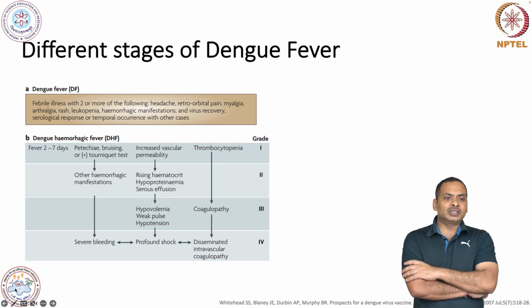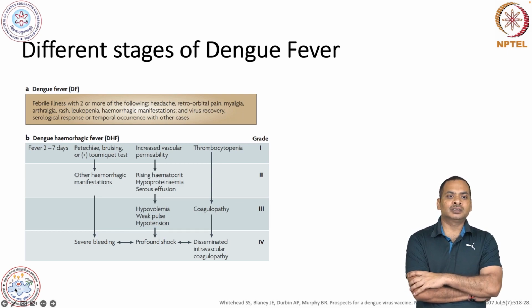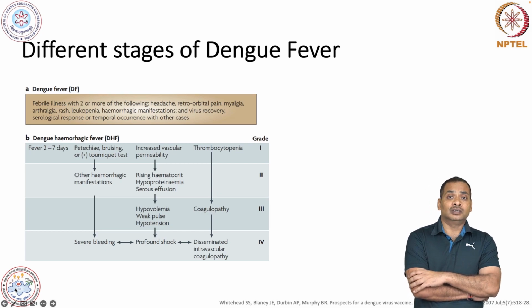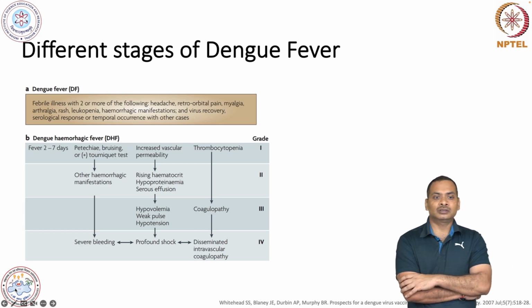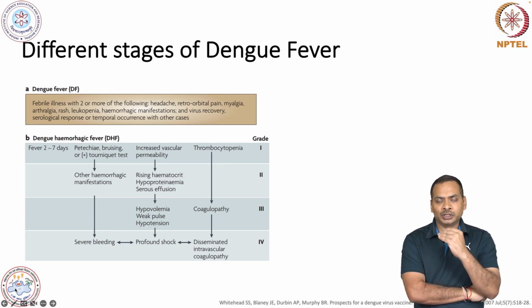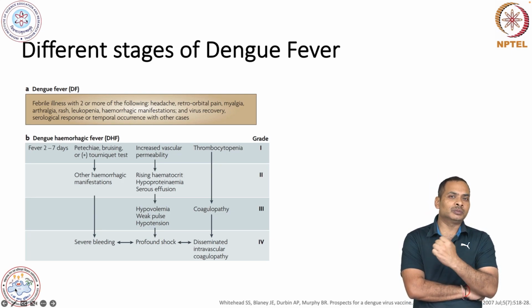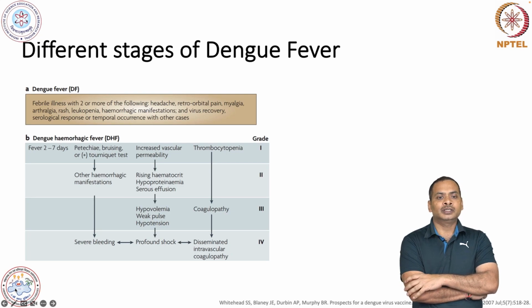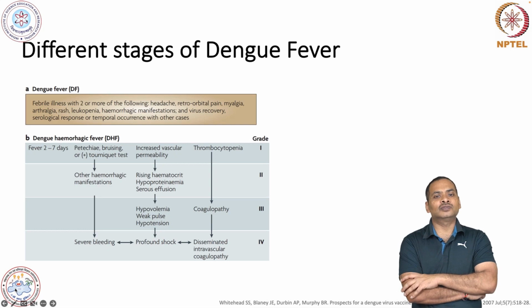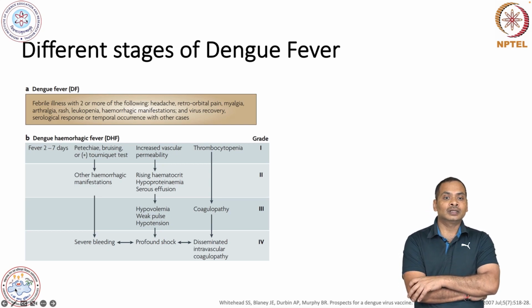Grade 2 is characterized by other hemorrhagic manifestations, a rise in hematocrit, and hyperproteinemia. There will be a reduced amount of protein in serous effusion. This is the characteristic of grade 2.